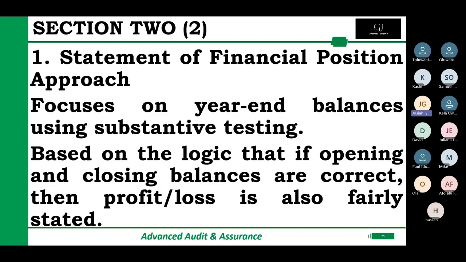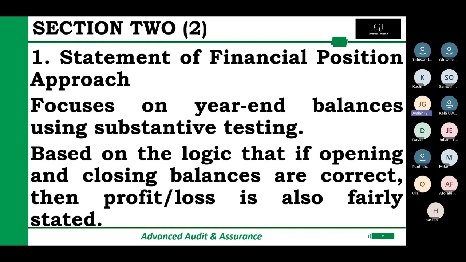The statement of financial position approach focuses on year-end balances using substantive testing, which is very important. It is based on the logic that if the opening and closing balances are correct, then the profit and loss, or the statement of comprehensive income, is fairly stated.